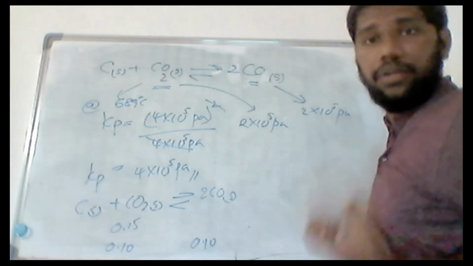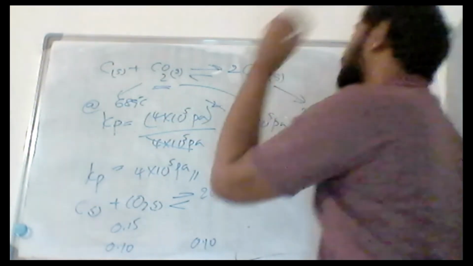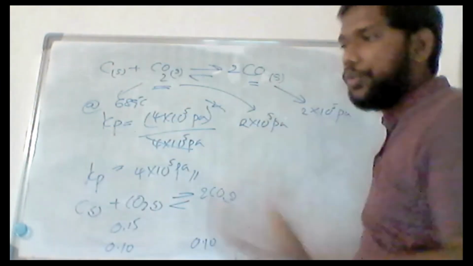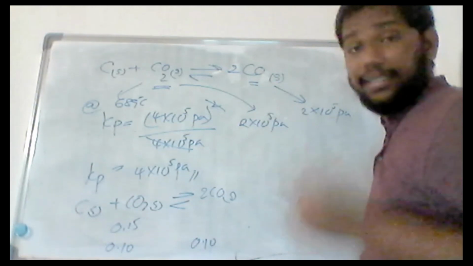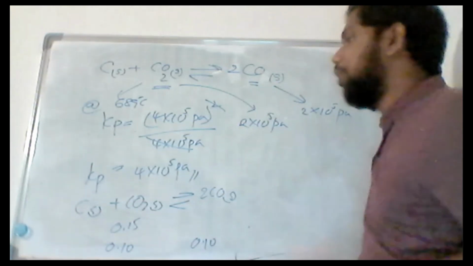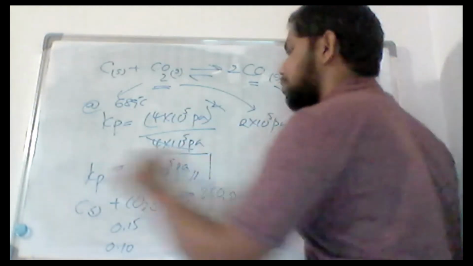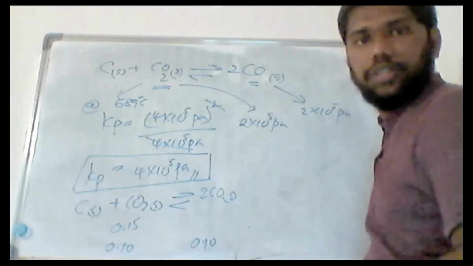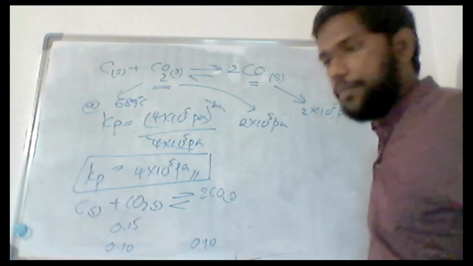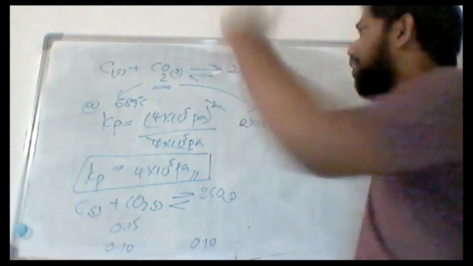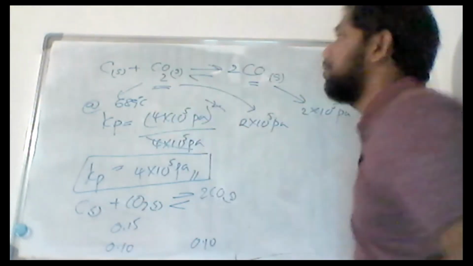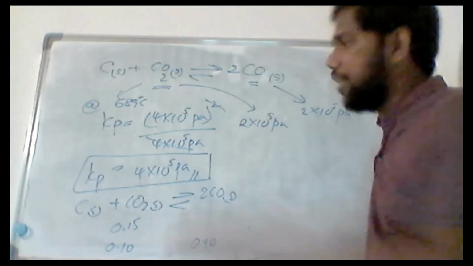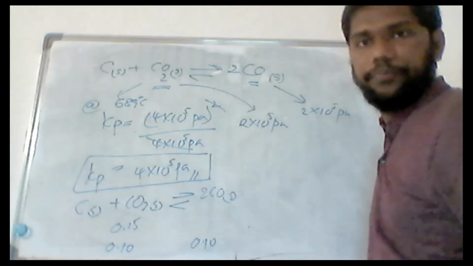Okay, because although you change this CO and CO2, or you add some amount or you remove some amount, at the same temperature at equilibrium, your Kp has to be this one, because temperature is constant. Either you start with 0.15 moles of CO2, or you start with 0.15 moles of CO2 and 1 mole of CO. It doesn't matter because Kp should finally be this.